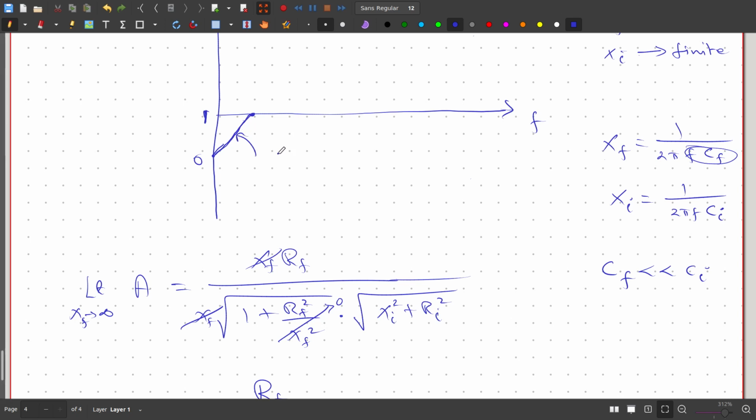In this region A equals 0, and this part is governed by A equals Rf divided by root of Xi square plus Ri square, up to this region. Let me draw in another color. And at this point, this is called the F1 point.